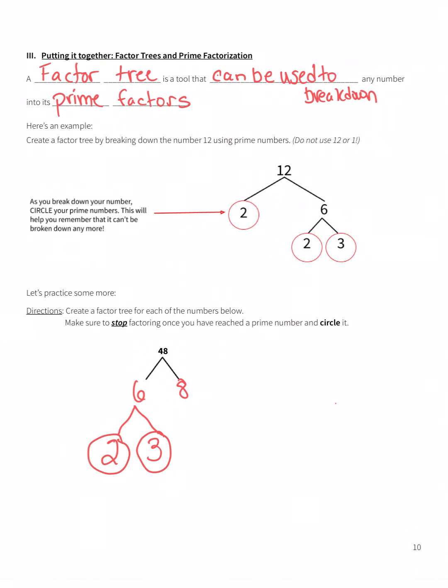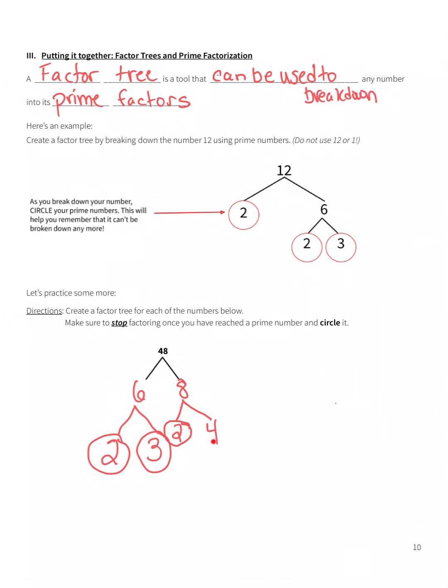Next, I go to my next side, and I have the number 8. And I need to think, is 8 a prime number? No, because 2 times 4 is equal to 8. Now I look at both of these numbers, and I think to myself, are either one of these prime? And the answer is yes, 2 is prime.